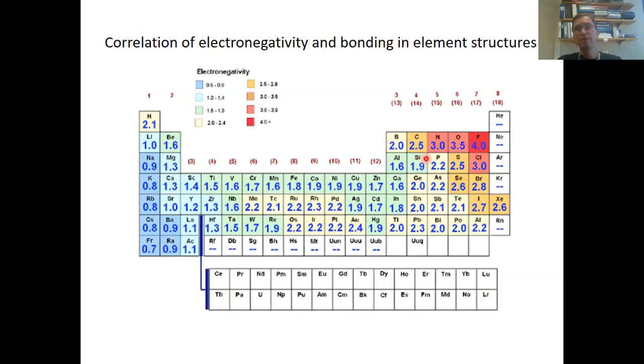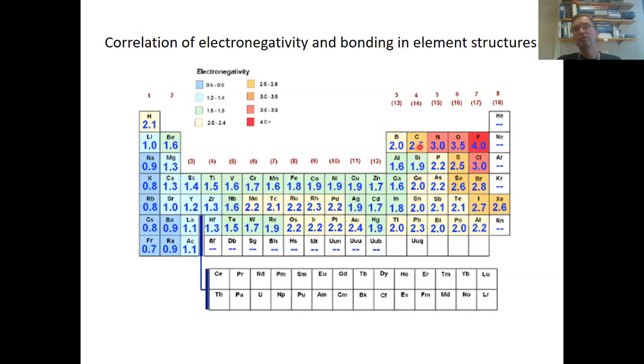For the metalloids, we have a case in between. Metalloids typically have an electronegativity of around 2, can be a little bit lower or a little higher.